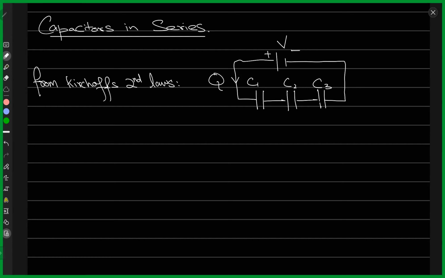The energy can only be conserved if the potential difference across the battery is equal to the sum of the potential differences across each of these capacitors, right? So the total potential difference is V1 plus V2 plus V3, where V1 is associated with C1, V2 with C2, and V3 with C3, right?